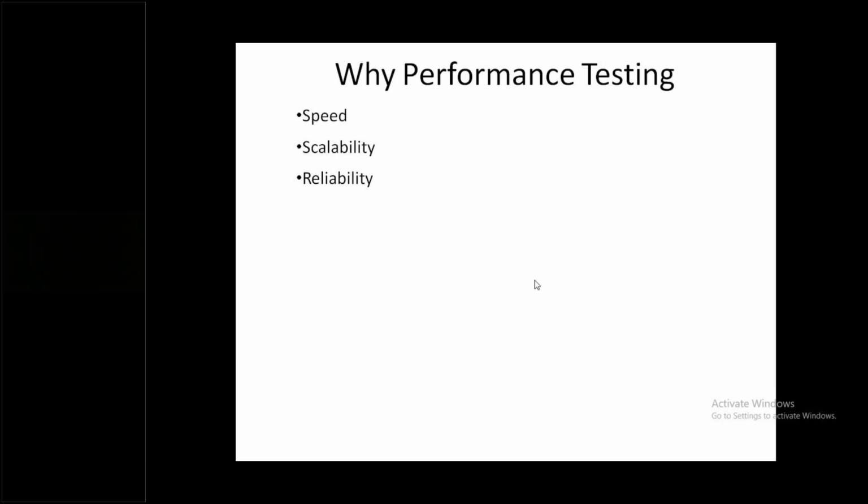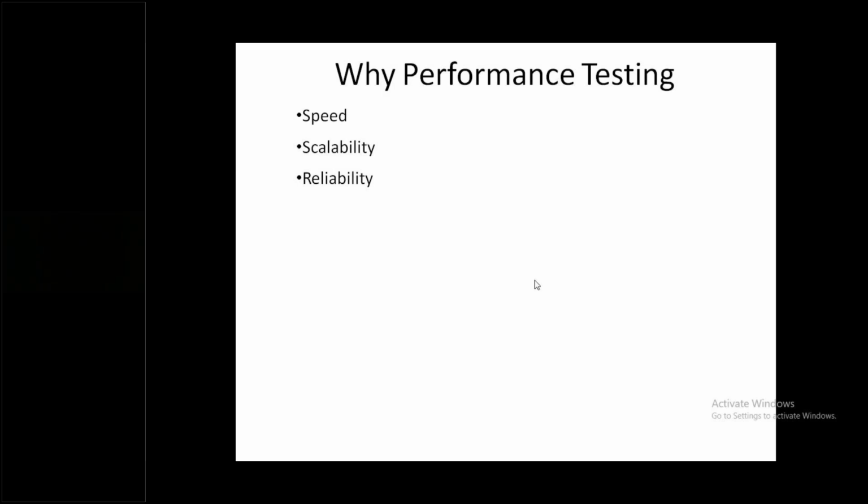Clear all of you? We do different types of tests in order to verify them. For example, for verifying the speed, we normally do the load tests. For scalability, we normally do the stress test and the spike tests.